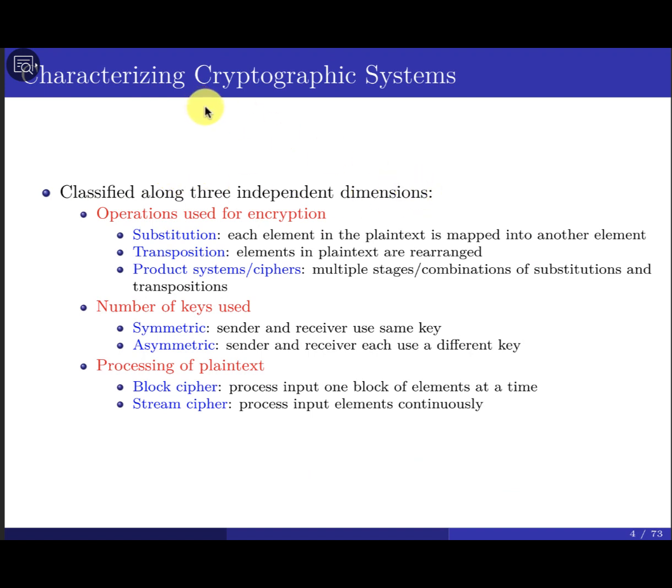So we can characterize cryptographic systems as follows: based on the operation used for the encryption, based on the number of keys, or based on the processing of the plain text. Let's take a look at one at a time. What do you mean by the operation used for the encryption? Remember, we're talking about encryption. You have the plain text, I'm going to use M. Then I have to do something here. I call this one encryption, or the cipher.